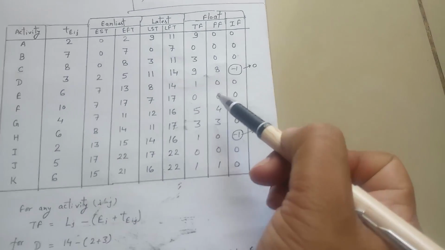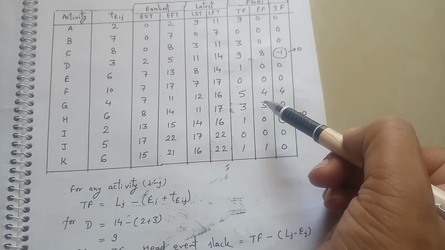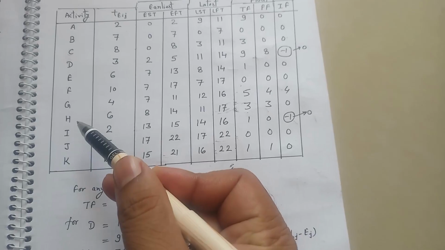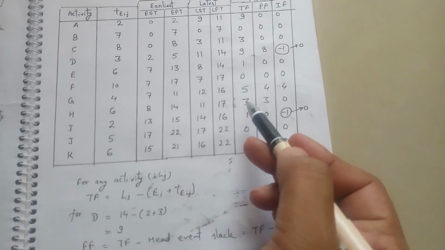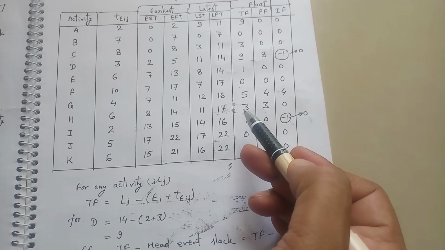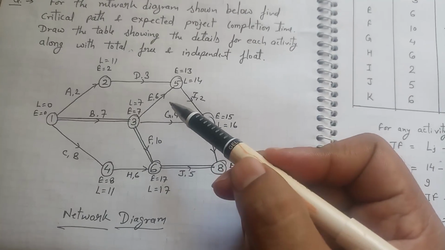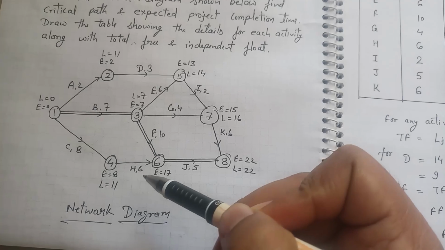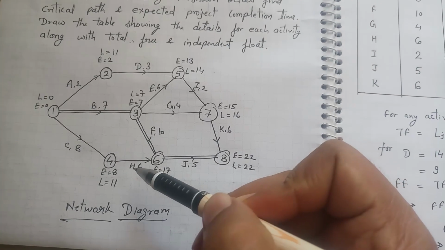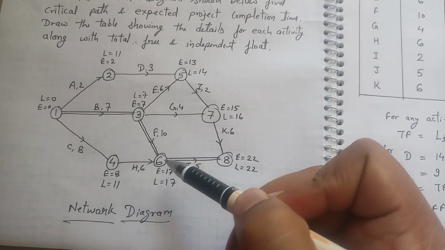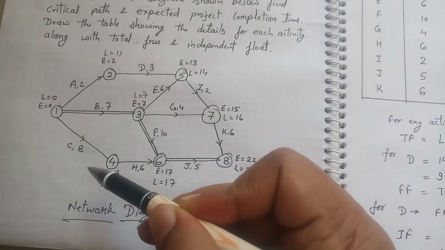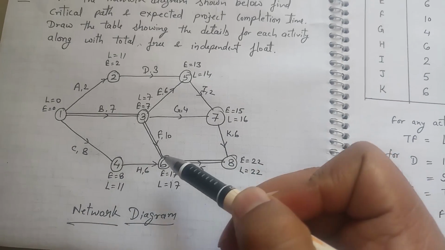Now we can calculate for any activity, like activity H. The total float for H is 3, minus the head event slack for activity H. We have to find the activity first. Where is H? Here. This is your head event and this is your tail event.